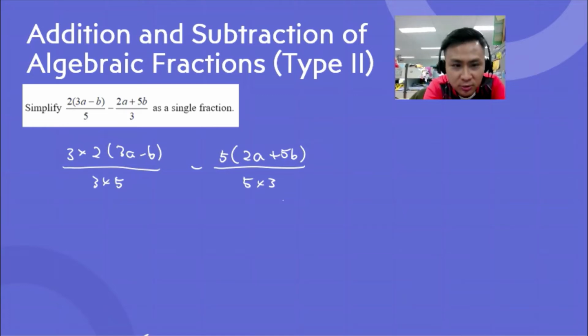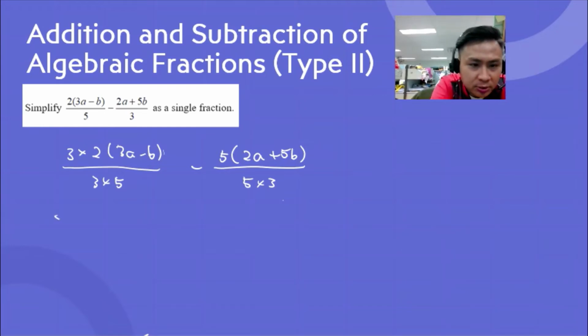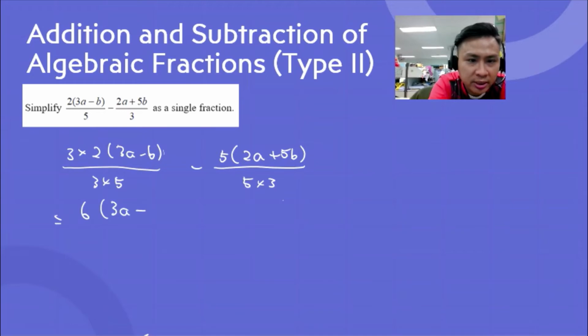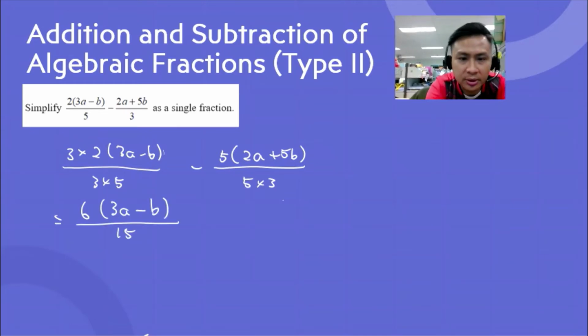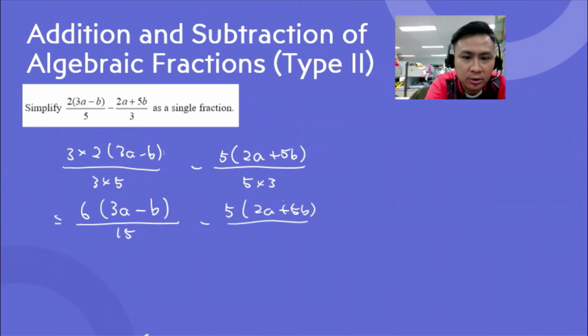So you cannot use the 3 for the terms inside the bracket again. So we just multiply it one time, and you just take 3 multiplied by 2 to get the simplified term. So now we'll have 3 times 2, you get 6. Then we follow by 3a minus b, out of 15. And over here it's just minus 5 bracket 2a plus 5b out of 15.